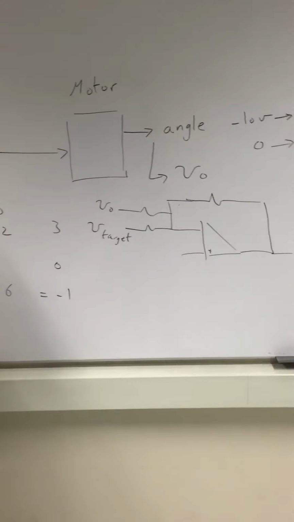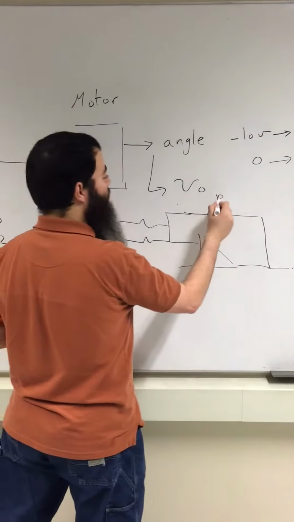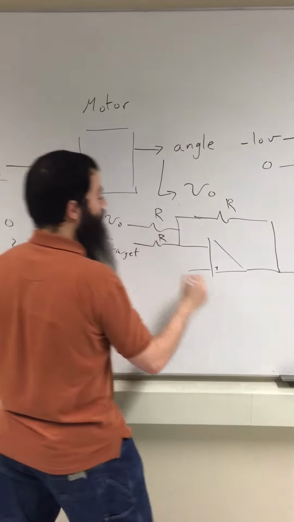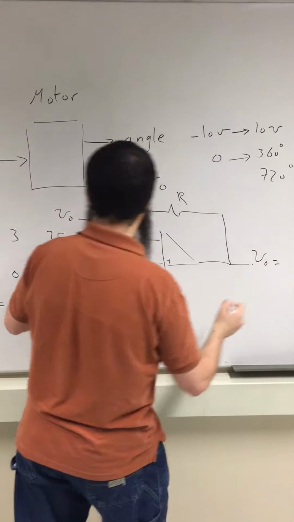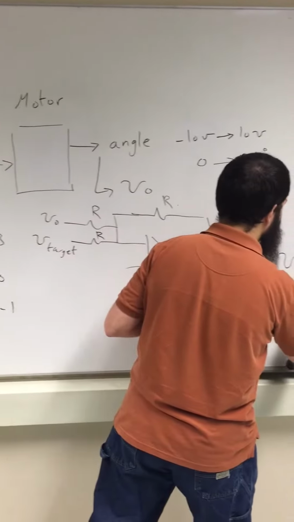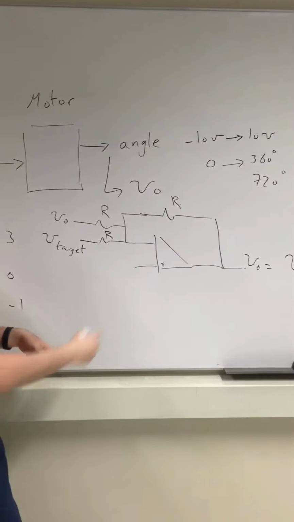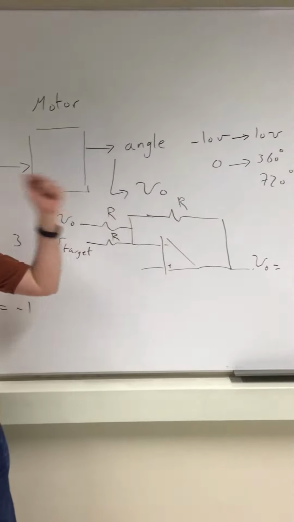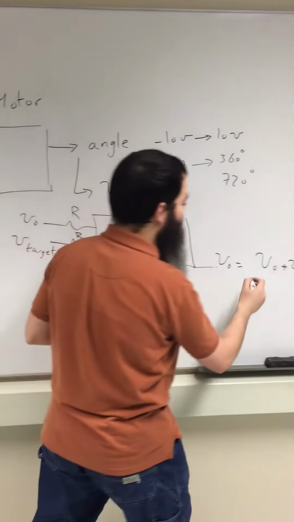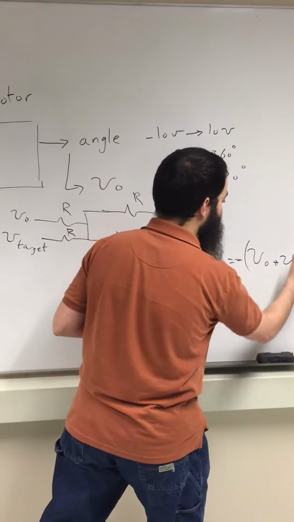If all resistances are the same, R, then V out equals V naught plus V target. But because this is connected to the negative input of the op-amp, we have a negative sign.